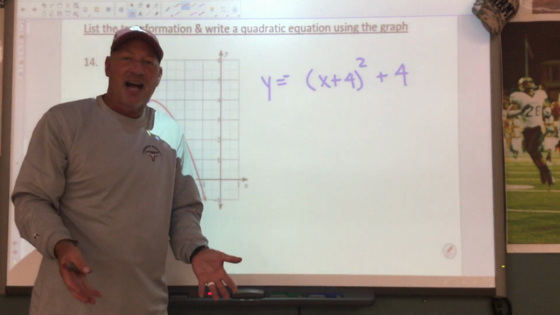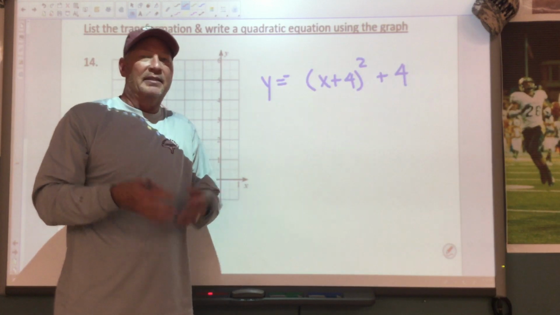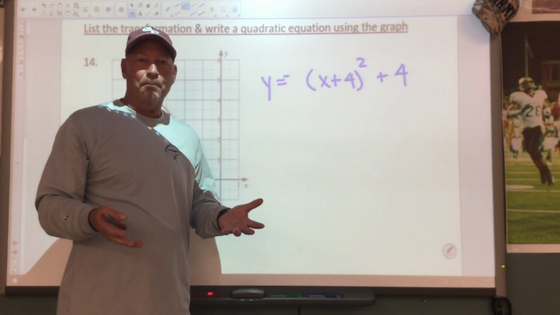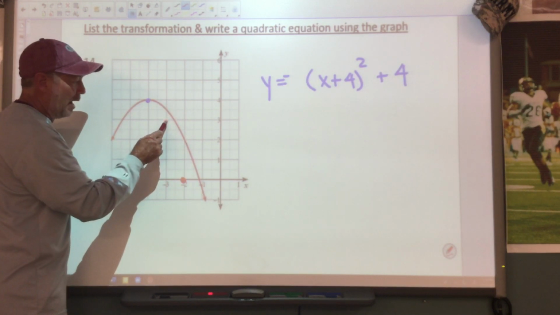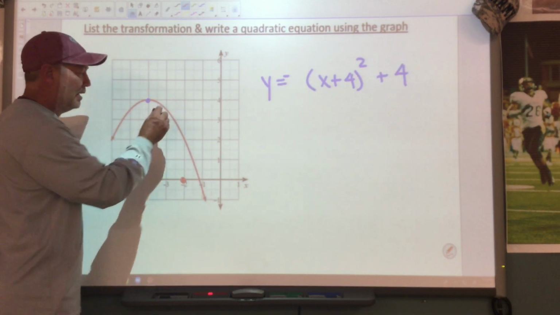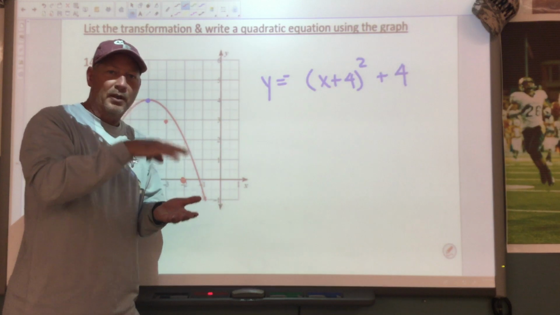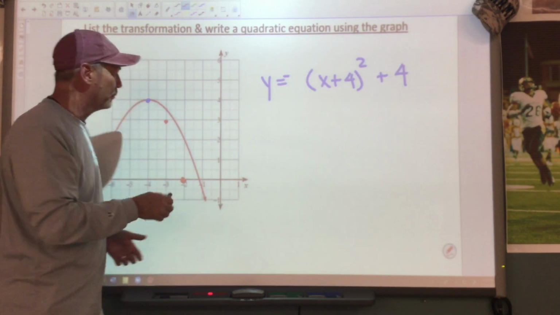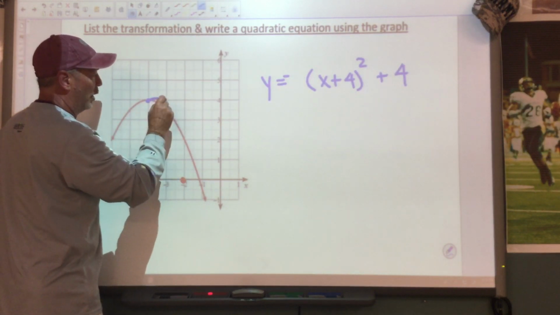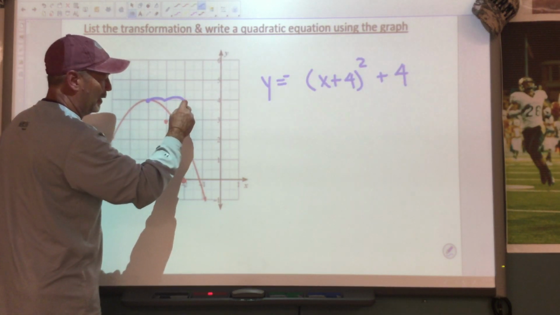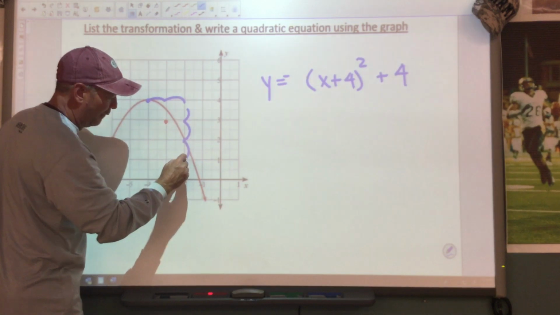But my graph is not there. So what does that mean? Is that going to be a stretch or a shrink? Well, I should be right here, but I'm not where I need to be. I'm a little bit shorter. I'm less than where I need to be. I should be at 1, 2, and then 1, 2, 3, 4.